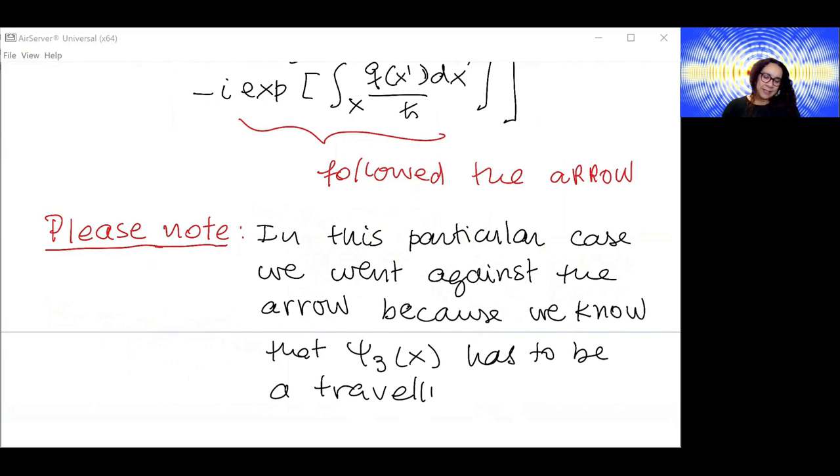So that's why we started actually from region 3, because we didn't want to have any kind of ambiguity.